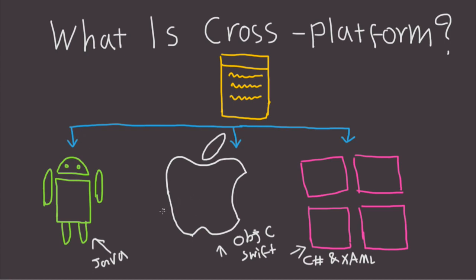So what's the problem with this approach? Let's say you want to build an app for all of these platforms and get the users of all these platforms as customers. The problem is that you need to become an Android developer, an iOS developer, and a Windows Store developer, and that's basically impossible.